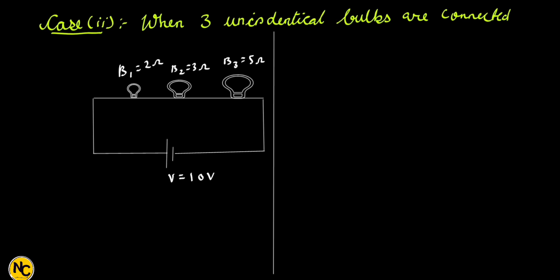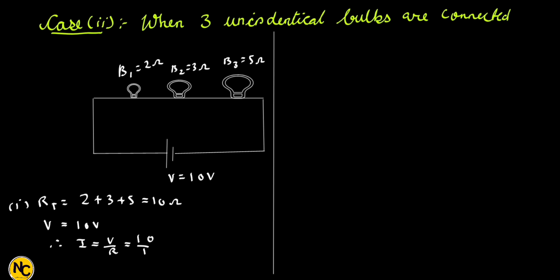So again the first step, the total resistance is equal to 2 plus 3 plus 5, which is equal to 10 ohm. And voltage is given, 10 volt. Therefore by Ohm's law I is equal to V upon R, which is 10 upon 10, that is 1 ampere. So again in this circuit also the current flow is 1 ampere.